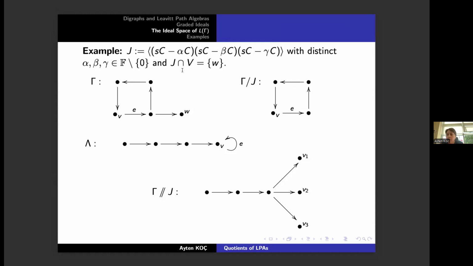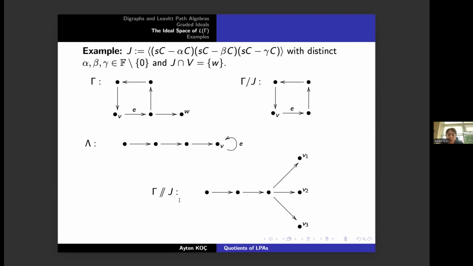Also all vertices not on the cycle C, but with a path from the source of this cycle to any vertex under this cycle, all of them are in the ideal. Okay, thanks.